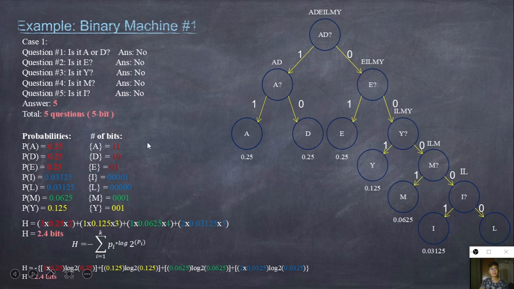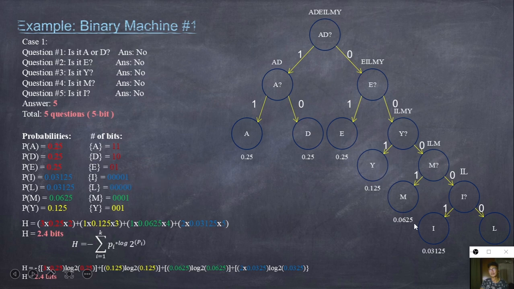For the number of bits, A equals 2. We look for its path, where it goes. This is its path for A: 1 and 1, so the number of bits is 2. For D, it is 1 and 0. For E, it is 0 and 1. For I, it is 0, 0, 0, 0, 1.